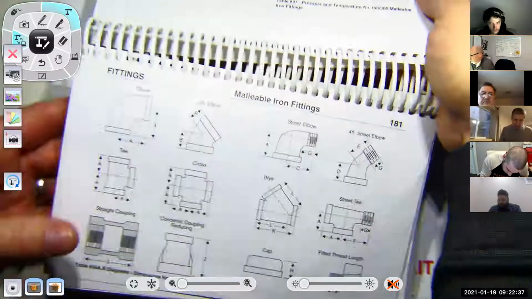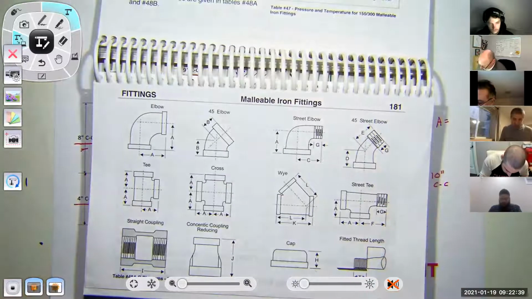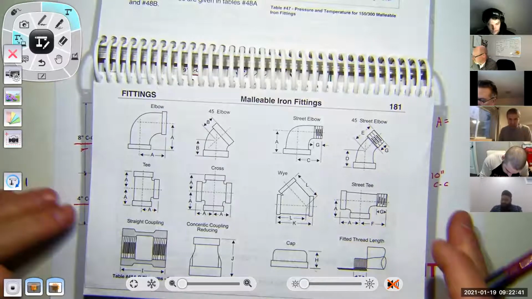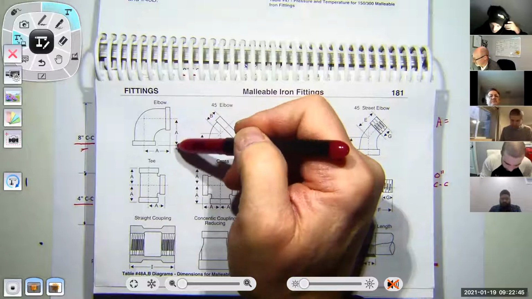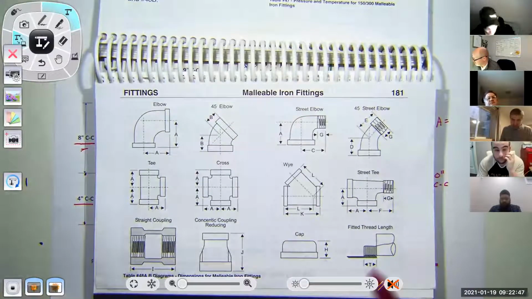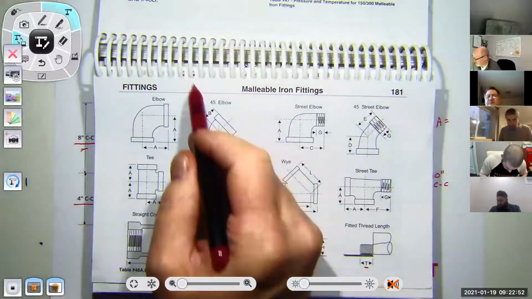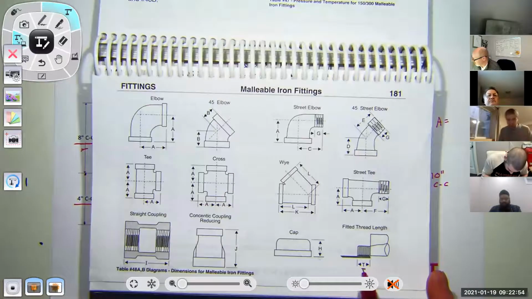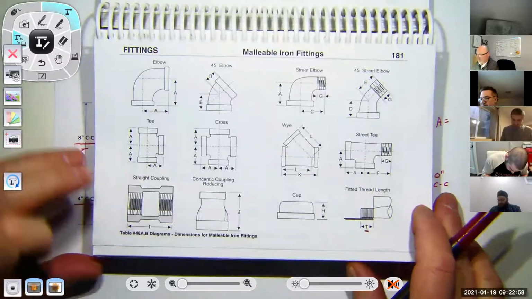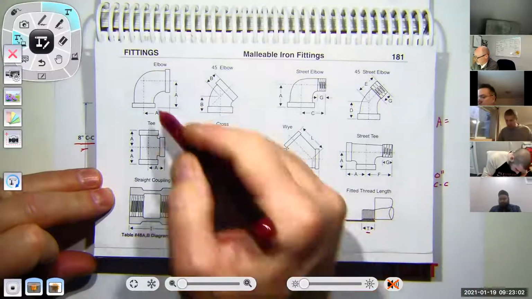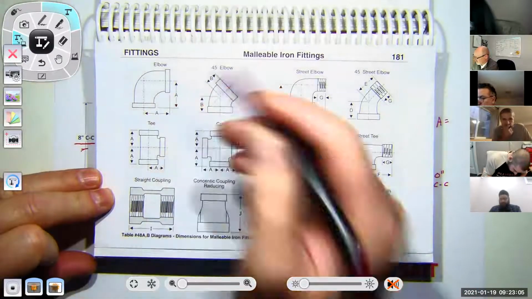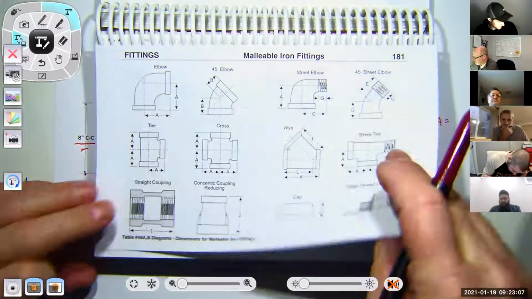And if I just explain a 90 first, as you can see, A minus T is the fitting allowance in this one. T is down here. This is the fitted thread length. So if we take A and minus off the fitted thread length, we should get our fitting allowance.